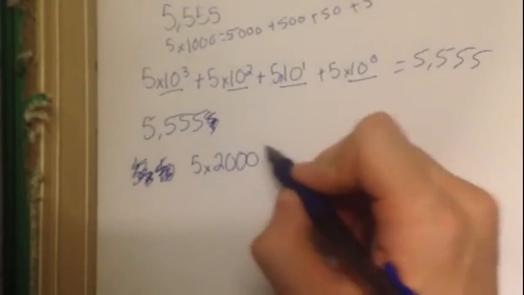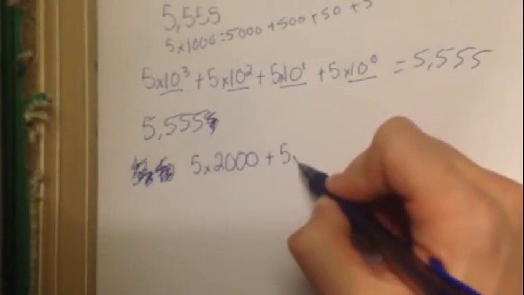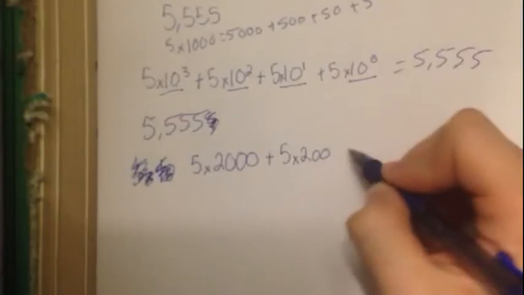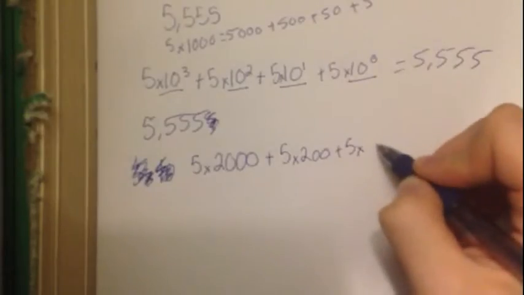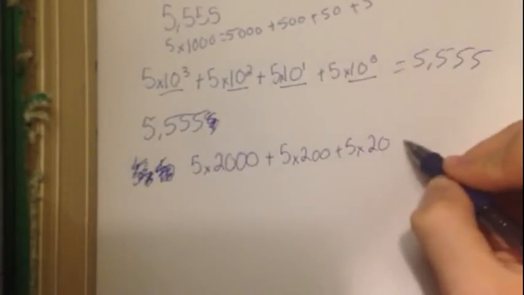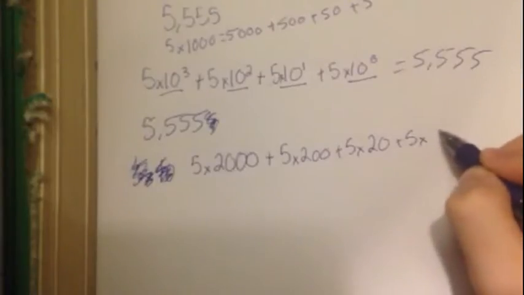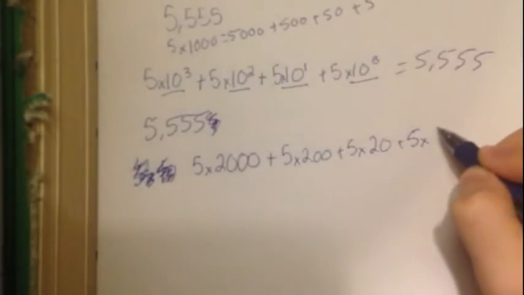So if we keep writing this one out, it'd be 5 times 400 plus 5 times 20 plus 5 times 1.